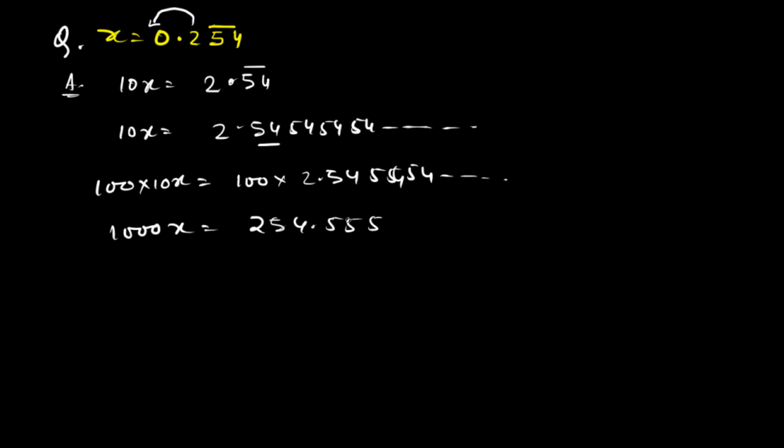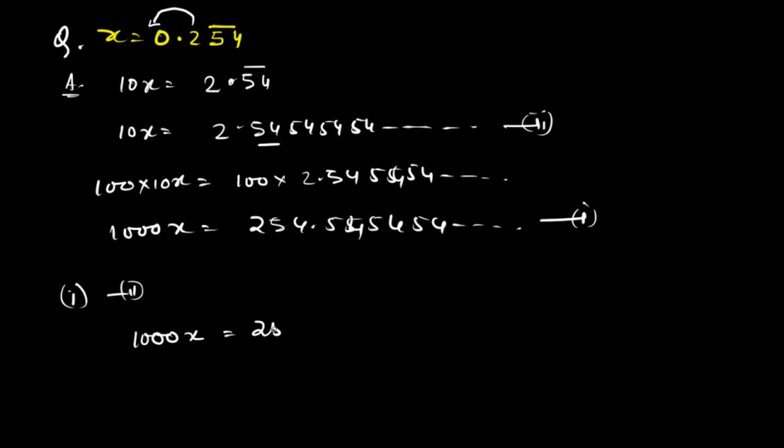Name this as equation 1 and the 10x one as equation 2. We should forget the first equation, that x equals something, and subtract equation 1 and equation 2. So that means 1000x equals 254.545454 and so on, minus 10x equals 2.545454 and so on.